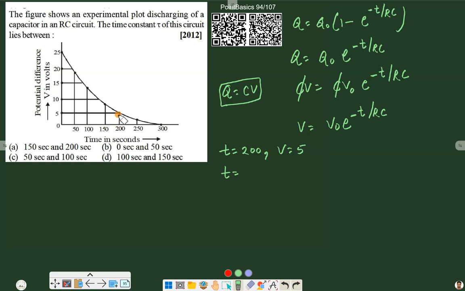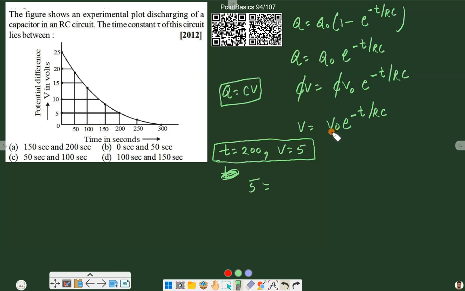On 200 we have an absolute value of potential, that is 5. On 250, 150, 100, and 50 we don't have one. So we will solve using only this value. So V is 5.